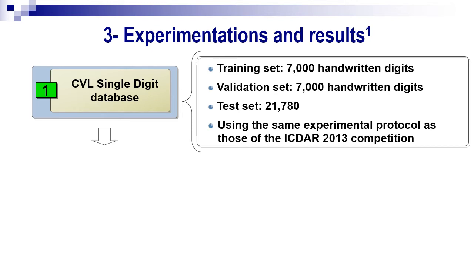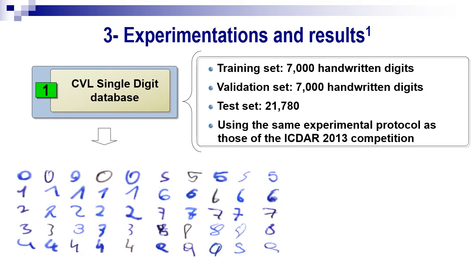The database comprised 7,000 handwritten digits provided as training set and validation set, and 21,780 used for testing. The CVL database contains a very challenging variation in size, shape, and writer style.